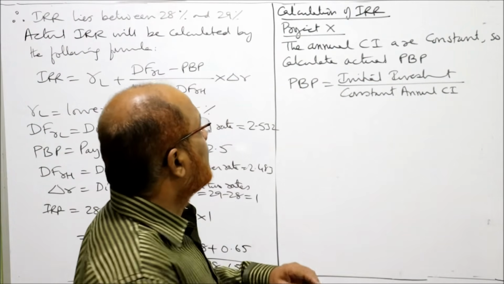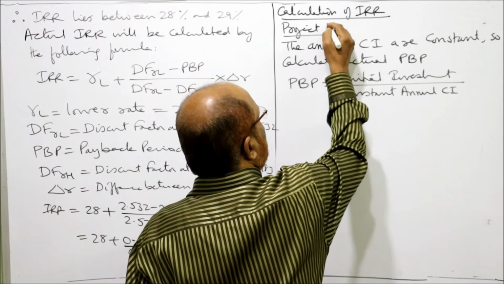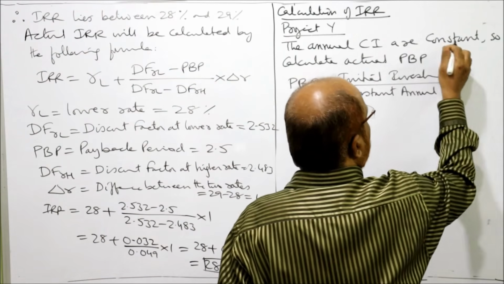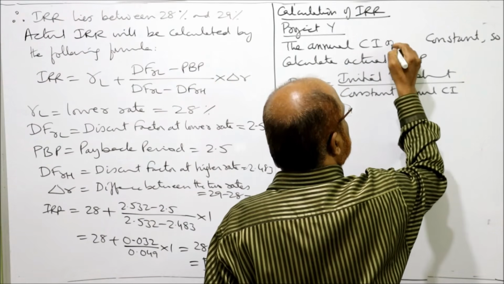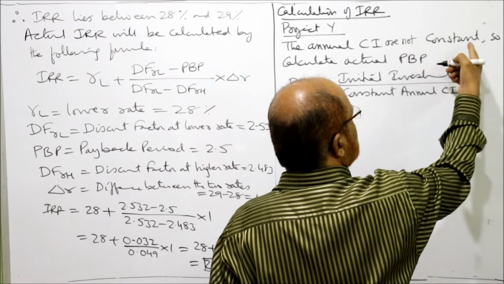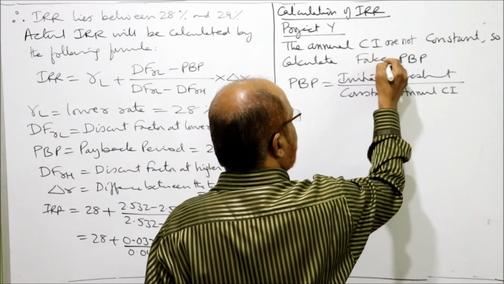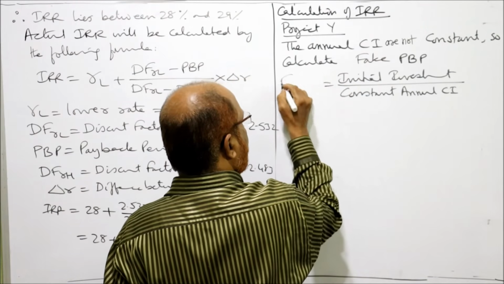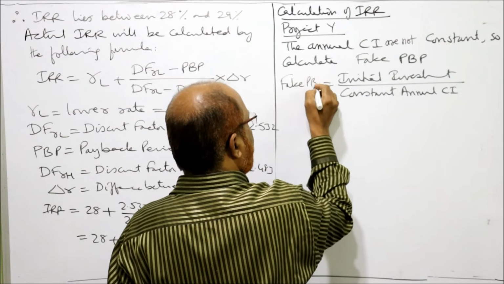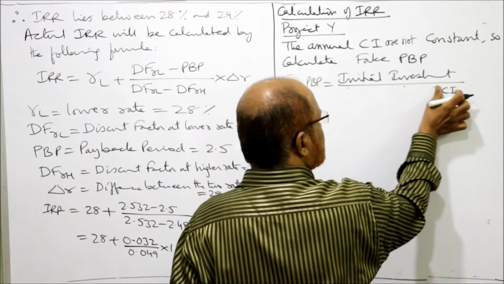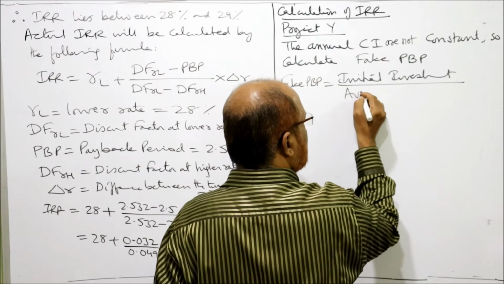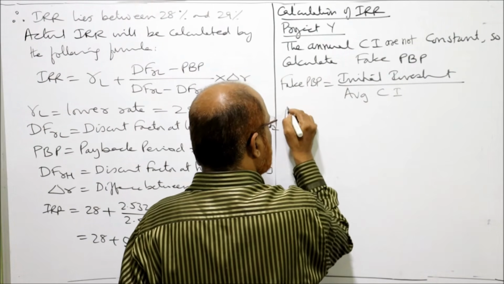Now we'll do project Y. Project Y, the annual cash inflows are not constant. So we calculate fake PBP. Fake PBP is equal to initial investment divided by average cash inflow.